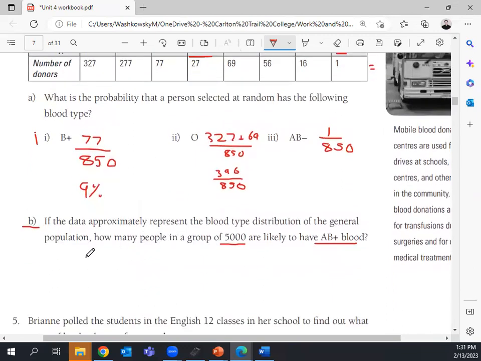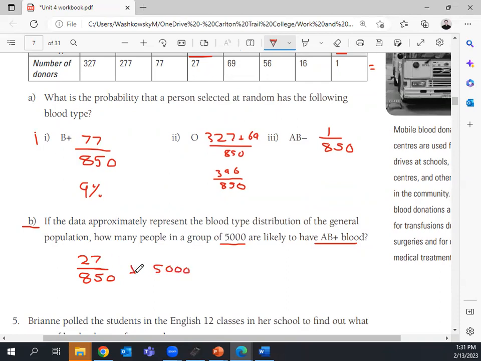Put 27 over 850 times 5,000. Yeah, so there's a 27 over 850 chance of there being someone who has AB positive blood. So we take the chance times the sample size. This is my chance. My sample size is 5,000.